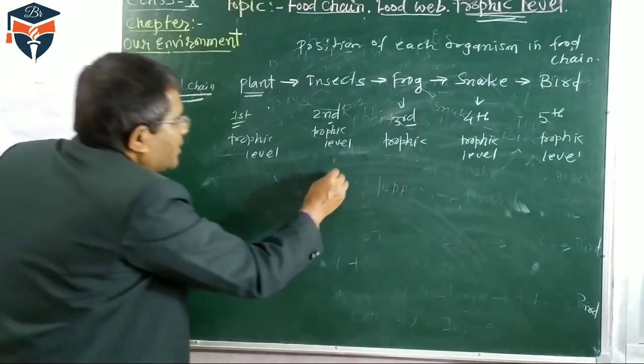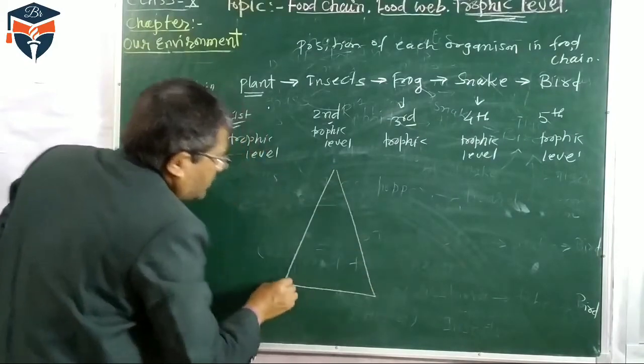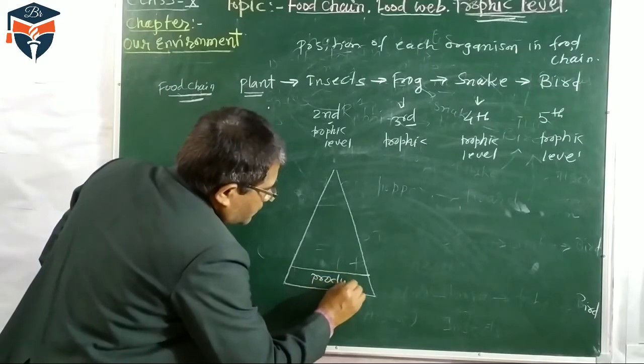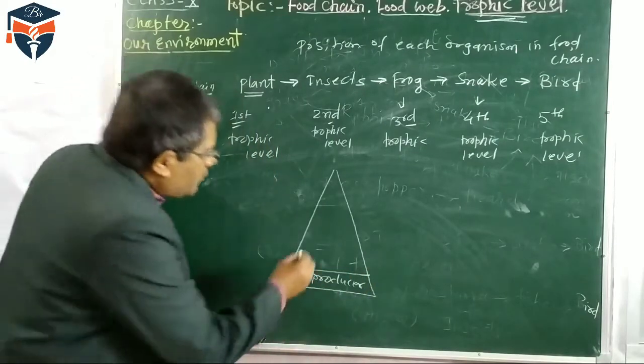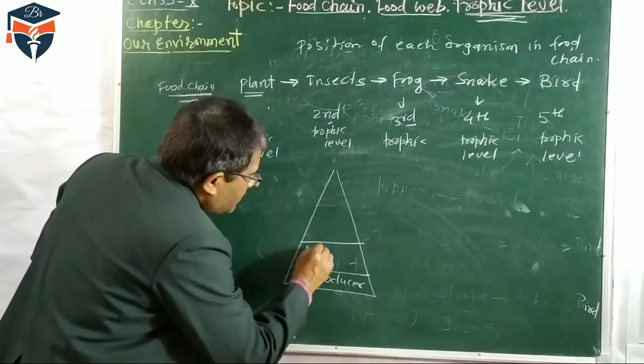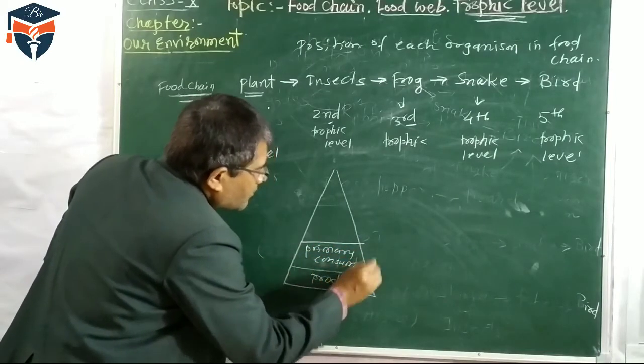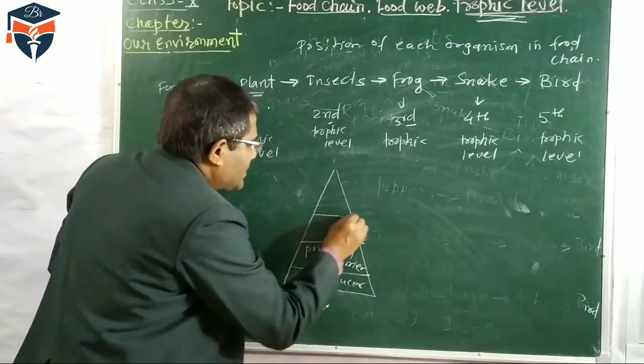In this diagram we can also understand. First one, these are producers. The producers are fed by primary consumers. This is fed by secondary consumers.